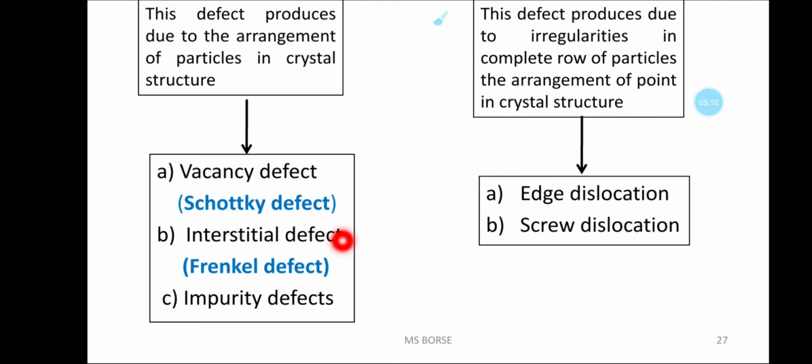This defect was described by the scientist Frenkel, so the interstitial defect is also recognized as a Frenkel defect. And third is impurity defect, which is created by doping some impurities into the perfect crystal.